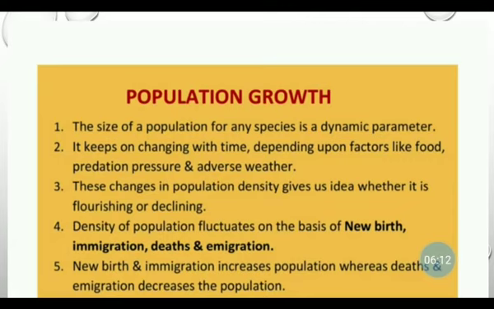Density of population fluctuates on the basis of new births, immigration, deaths, and emigration. New births and immigration increase the population, whereas death and emigration decrease the population.